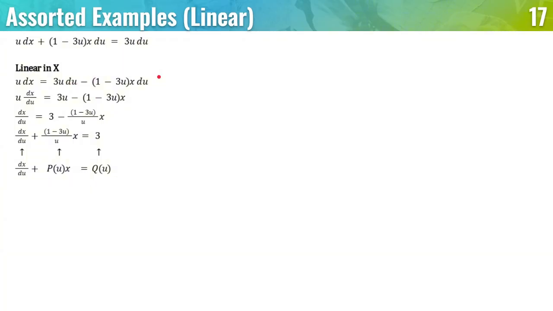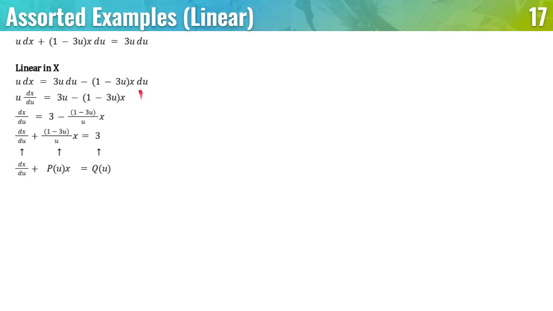So we have 3u du minus (1 minus 3u)x du. We simplify this, and then we divide both sides by u. So the 3u du becomes just 3u, and this one becomes negative (1 minus 3u)x.